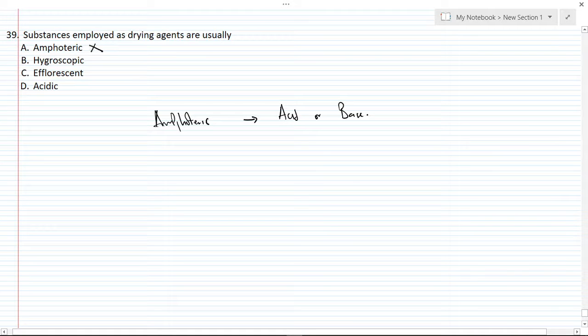So before even proceeding further, what exactly are drying agents? From the word drying agents, we can tell that it has to do with removing water molecules from compounds. So amphoteric, there's no relationship with amphoteric and drying in general. Let's see that of acidic.